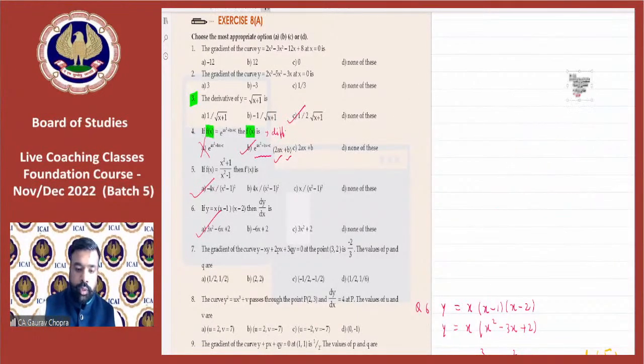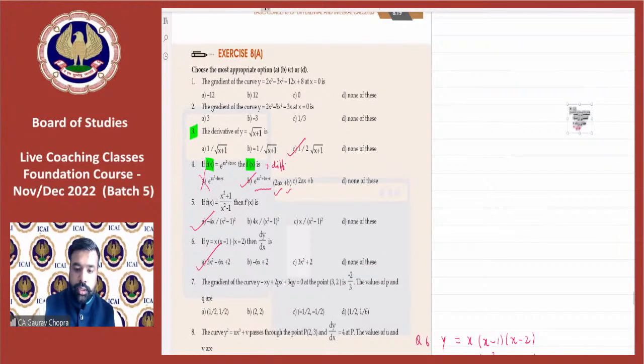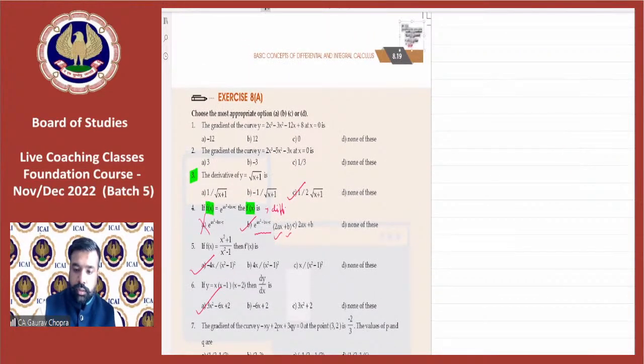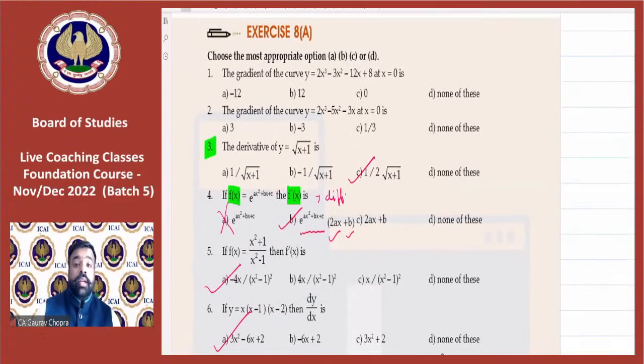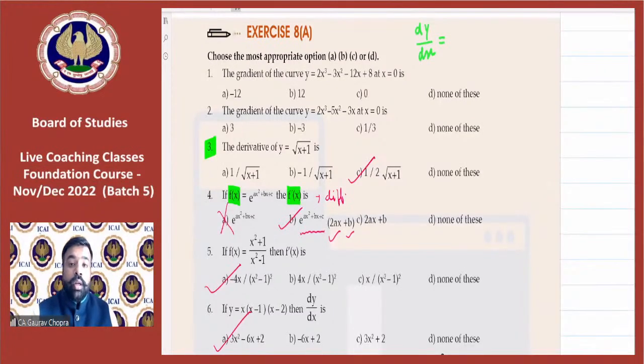So let us remove all this. So question number one, the gradient of the curve at x equal to 0 we have to calculate. So dy by dx is equal to, 2x cube will become 6x square, minus 6x minus 12. This is the first step, dy by dx.